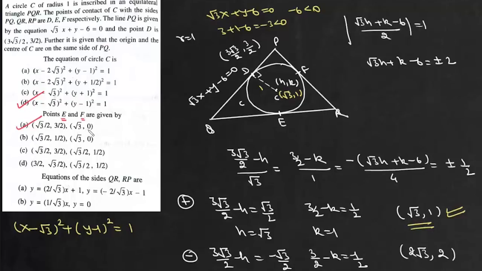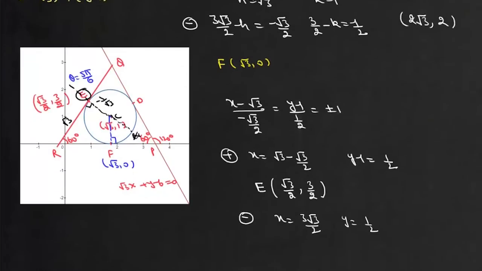And finally, it is the equation of sides QR and RP. Now, the equation of RP is very simple. It is simply the x-axis. So its equation is y equals 0, and the equation of QR is y minus y1 equals root 3 times x minus root 3 by 2.